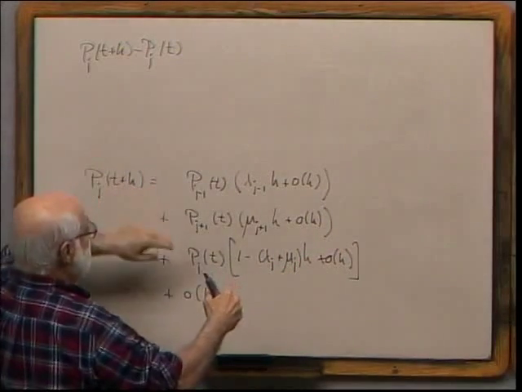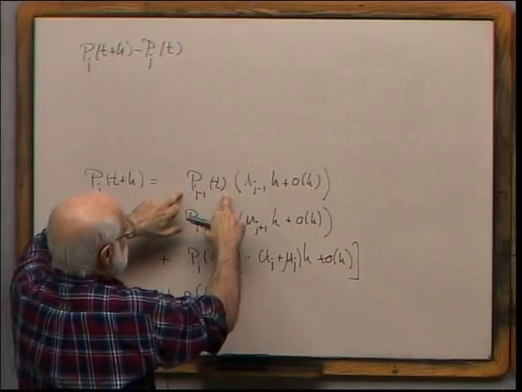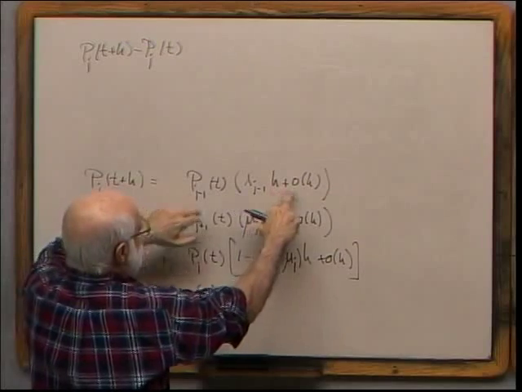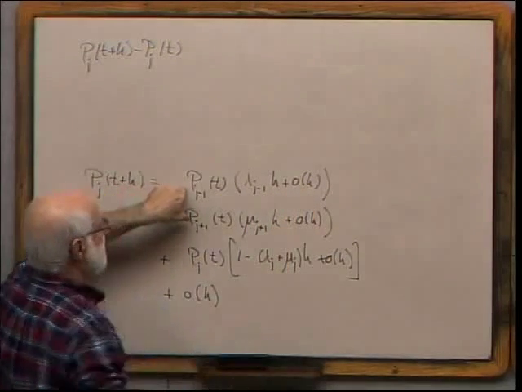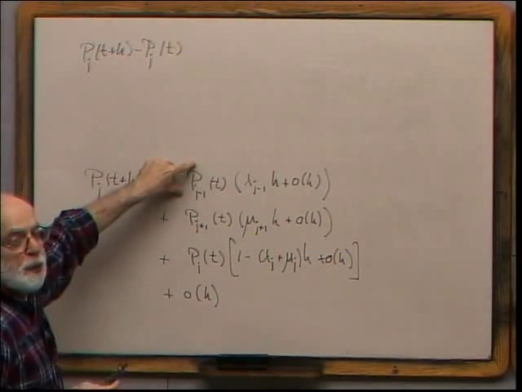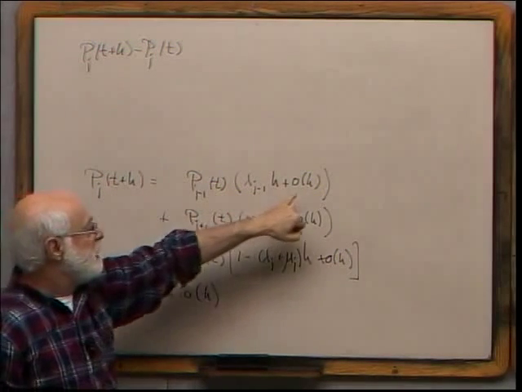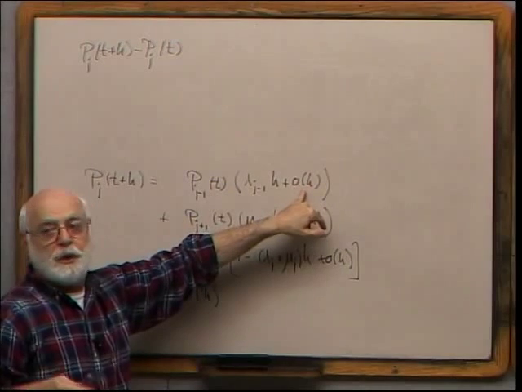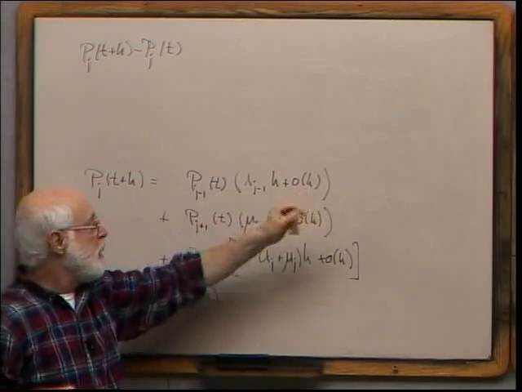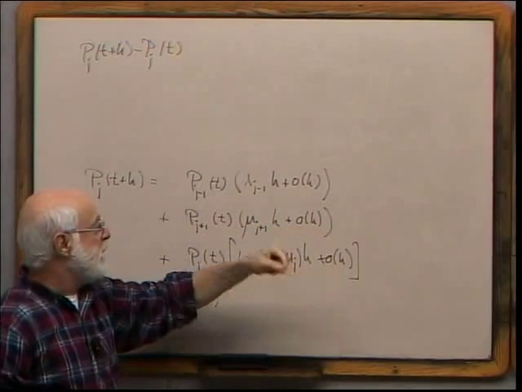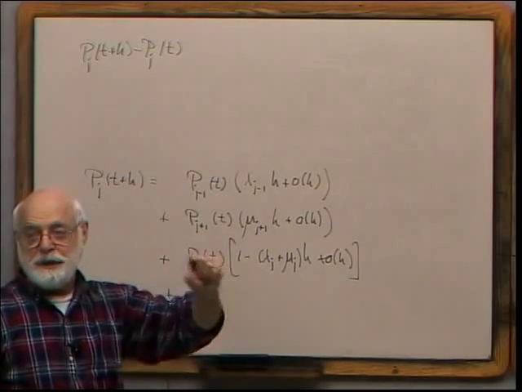And when I do, this term over here has an h multiplying it, and then there's an o of h times the p. But the p is a number between 0 and 1. It's a probability, certainly not infinite. So if I multiply this by this little garbage, I'm still going to get only little garbage. So multiplying the o of h by any finite quantity still gives me something that's called o of h.